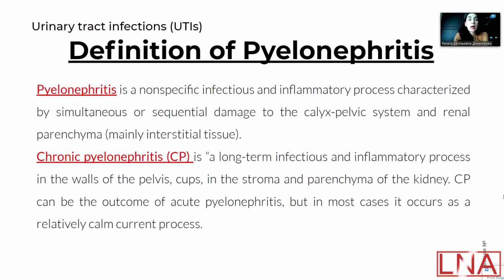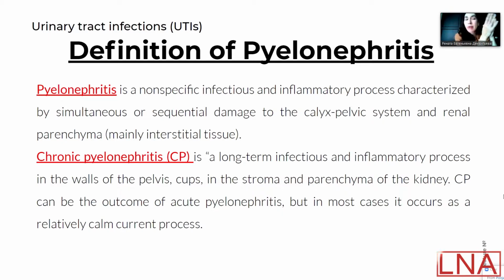Pyelonephritis is a non-specific infection and inflammatory process which is characterized by a simultaneous or sequential damage to the calyx pelvic system and renal parenchyma, mainly damage of interstitial tissue.